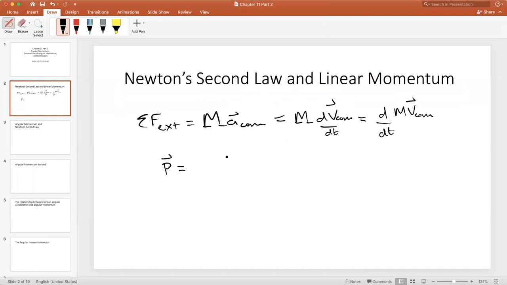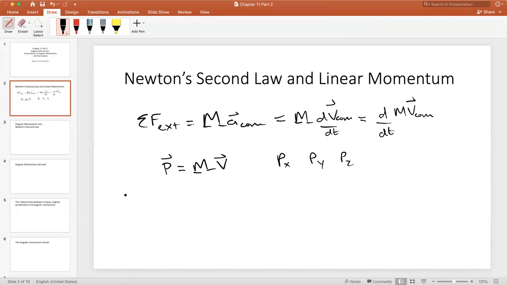We defined a linear momentum, P, as m times v, where v is the center of mass velocity, the linear velocity. We stated that there is a linear momentum in x, in y, in z. Each has its own linear momentum.